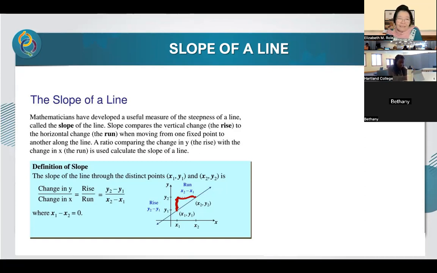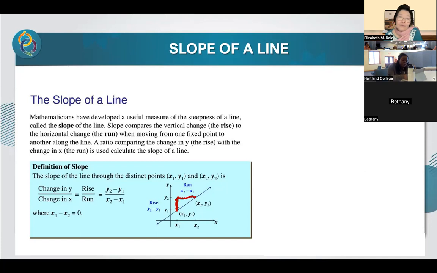So mathematicians decided to make a formula for the slope of the line, where we compare the change in y with the change in x. When you deal with calculus, this is a very important concept, the change in y over the change in x.